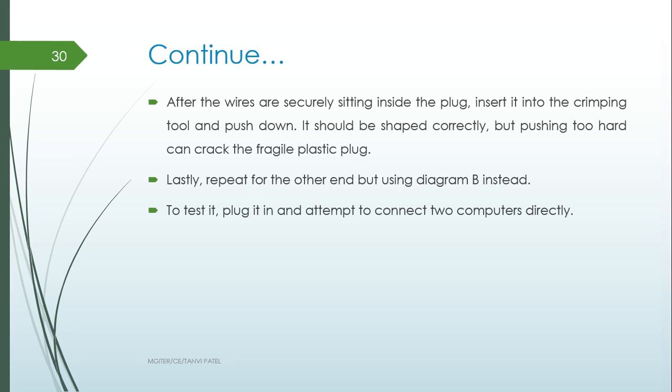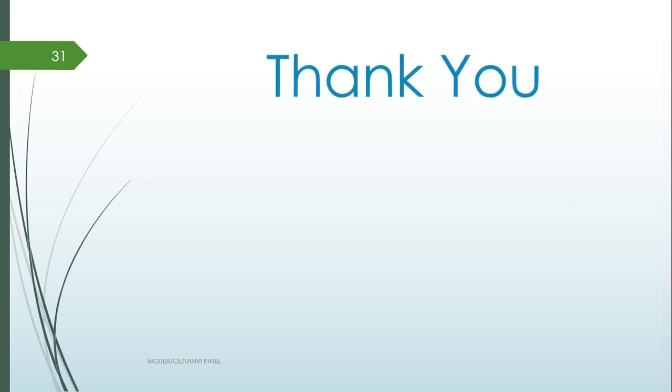So don't push so hard, push it lightly, and lastly repeat for the other end but use diagram B instead of diagram A. To test it, plug it in and attempt to connect two computers directly. This is how you can crimp the RJ45 using the RJ45 connector and connect the LAN cables. Thank you.